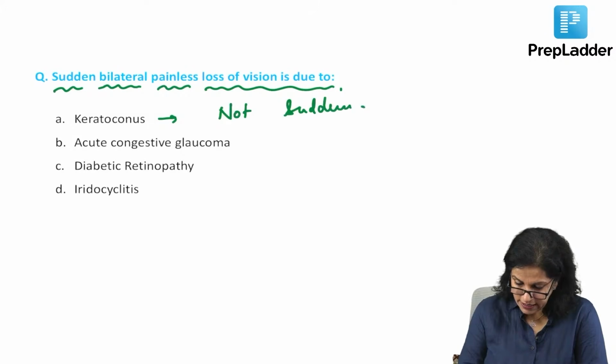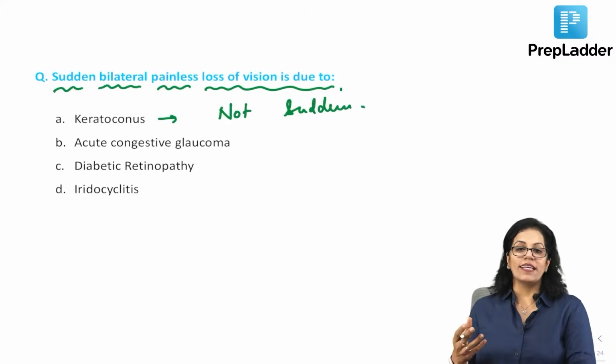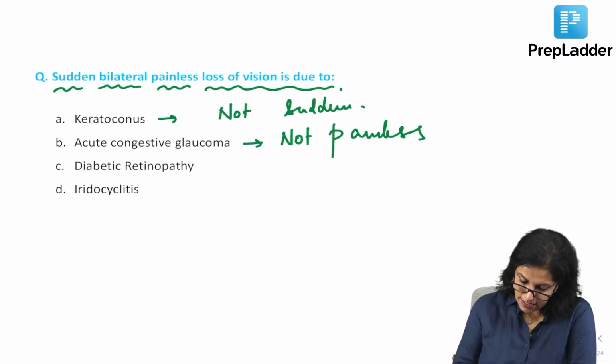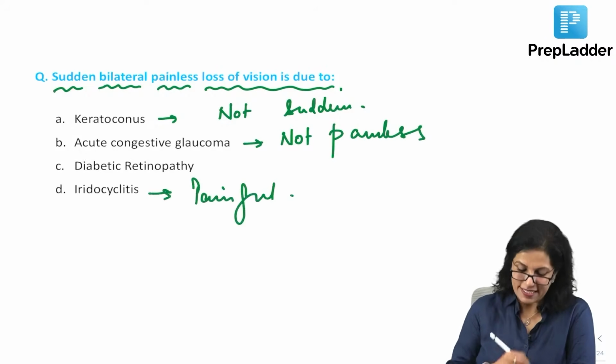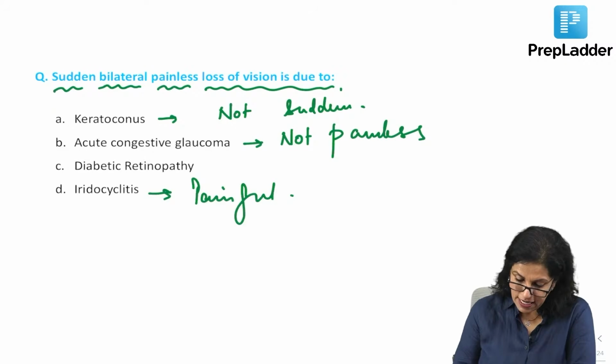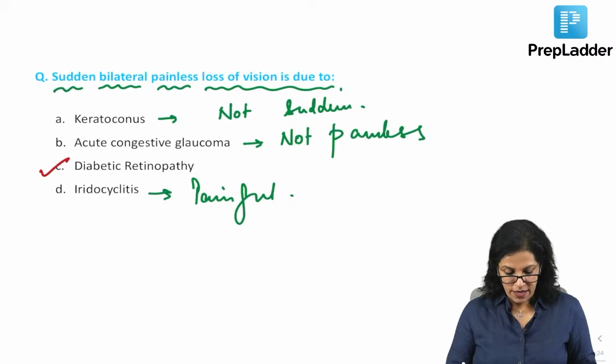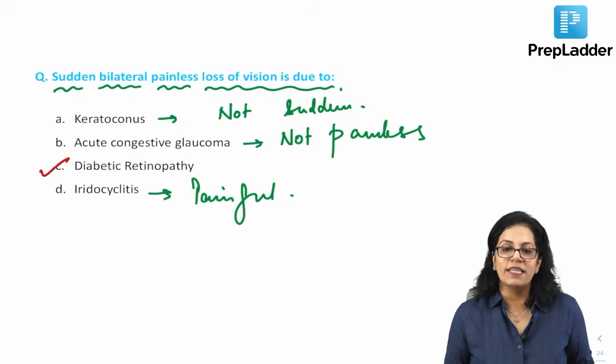Yes, there is painless loss of vision due to the astigmatism, but it is not sudden. Acute congestive glaucoma is not painless, right? And this is also painful, and it is not painless. So, our answer is C, that is diabetic retinopathy. Right, guys? So, here our answer becomes DR, that is diabetic retinopathy.